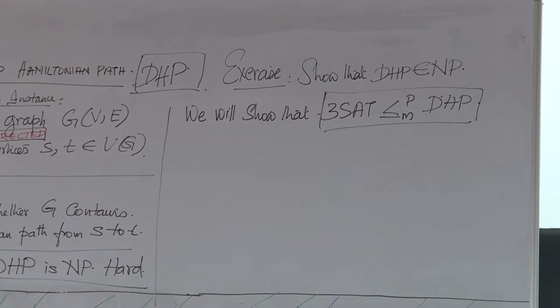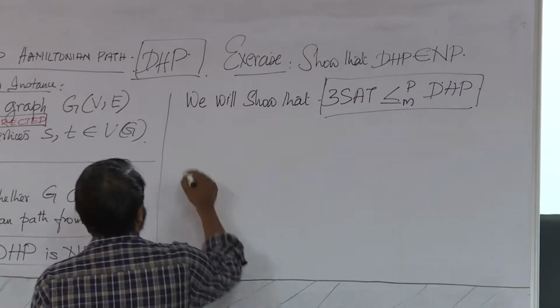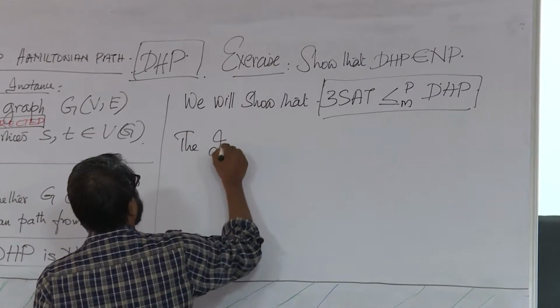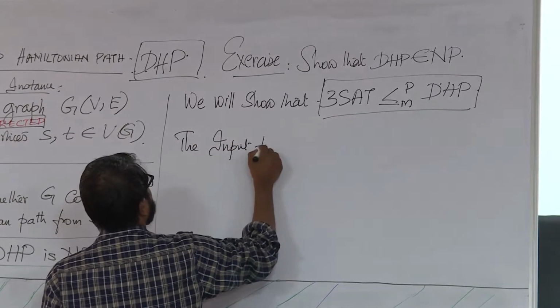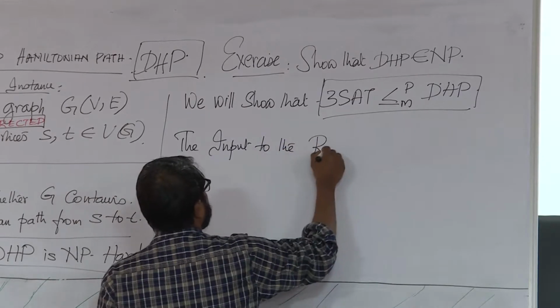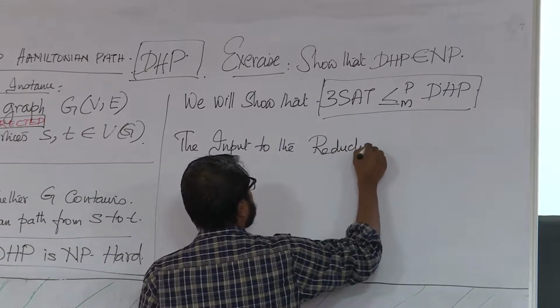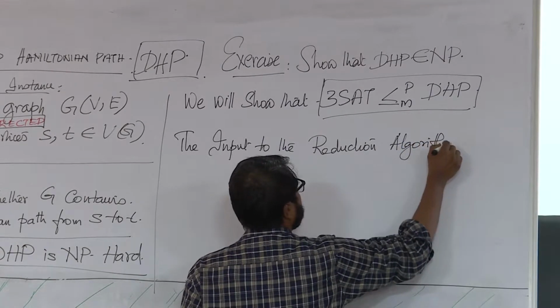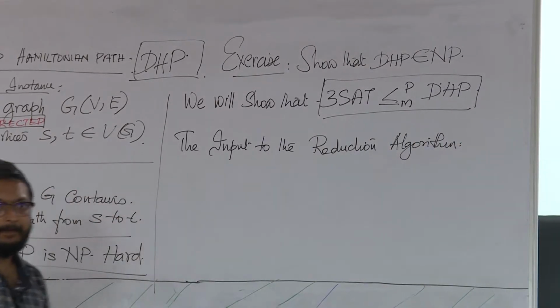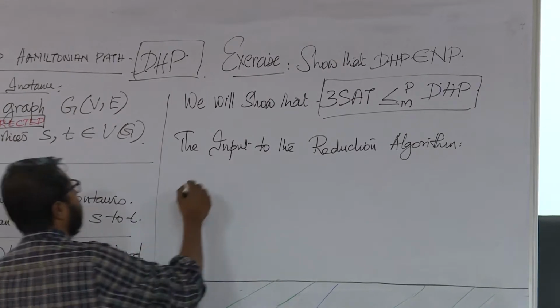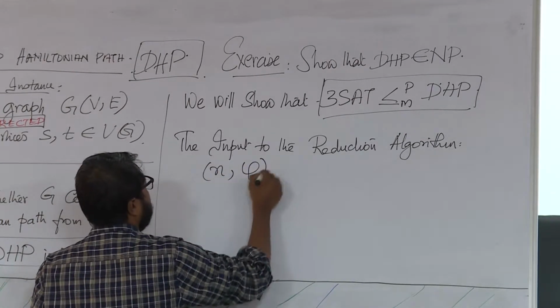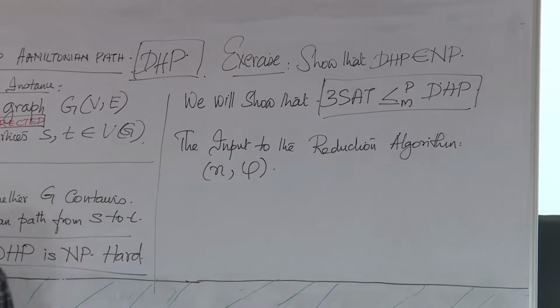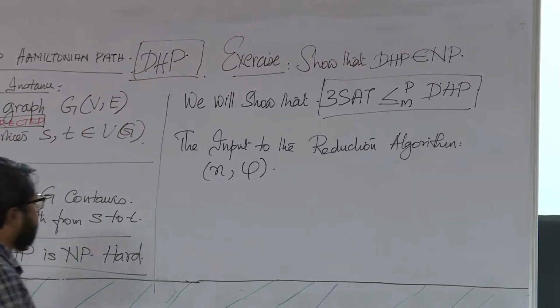Again, for the reduction algorithm, what is the input? The input to the reduction algorithm should be a Boolean formula phi with n variables.